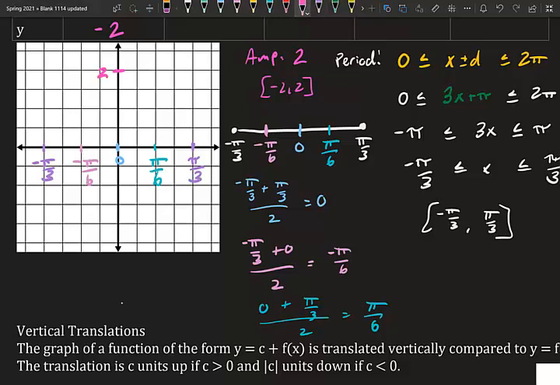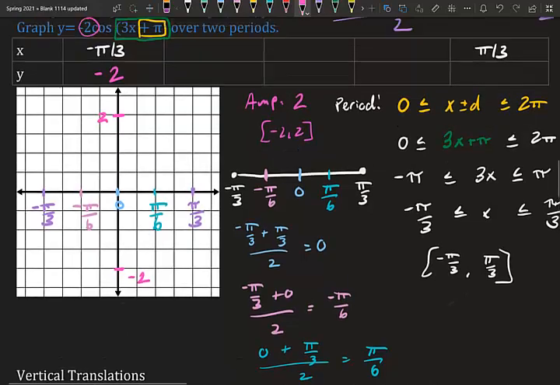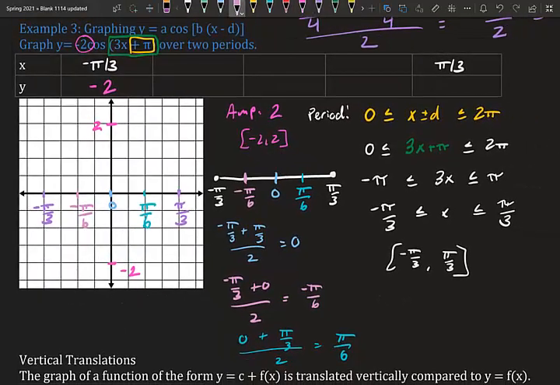Say this is 2. Alright, we have all of our x values. We don't need to plug them in because we know patterns. Of course, you can always plug them in if you're unsure, but if it starts at negative 2, it's going to go to 0, then to 2, then back down to 0, then to negative 2.